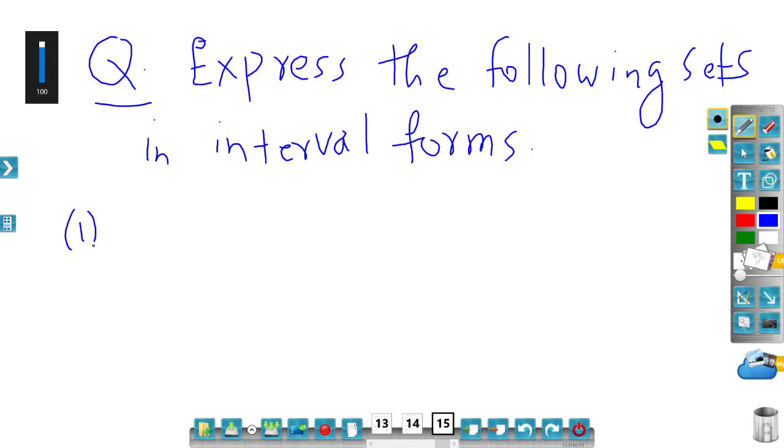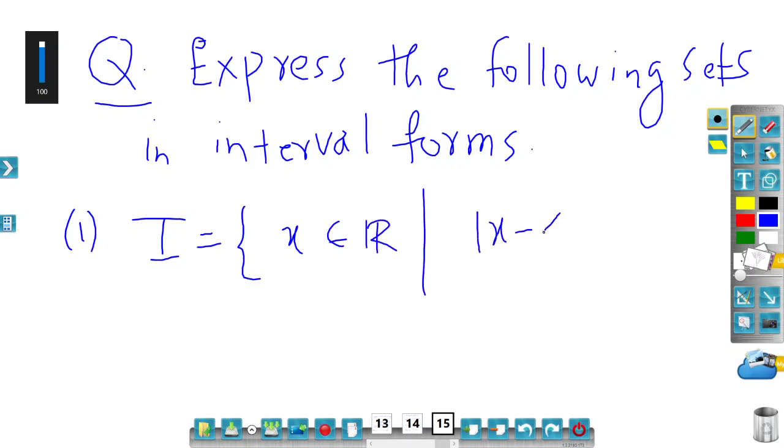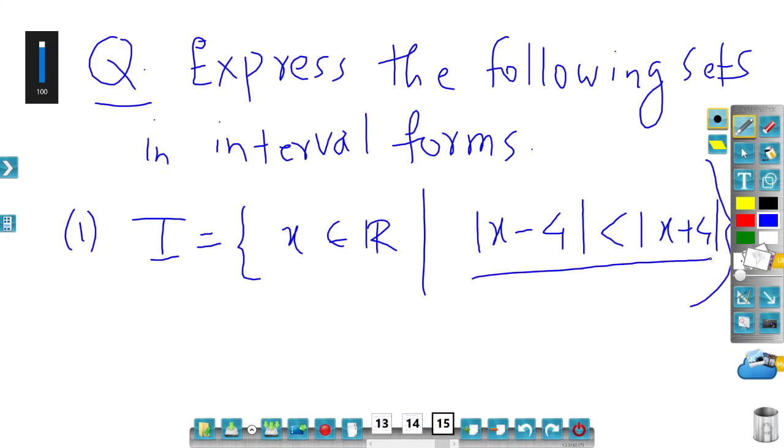Question number 1. The set I is given as those x belongs to R such that mod(x minus 4) is less than mod(x plus 4). So these two parts are given.